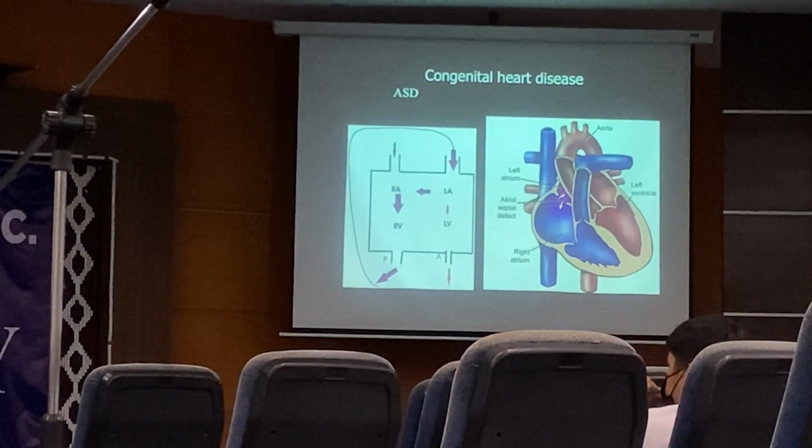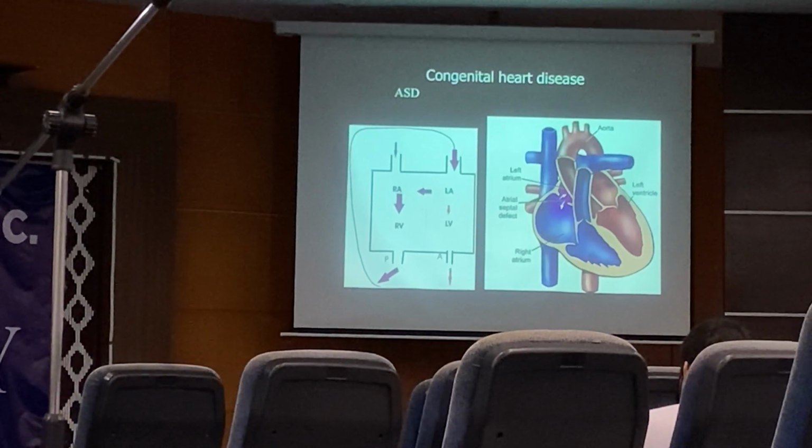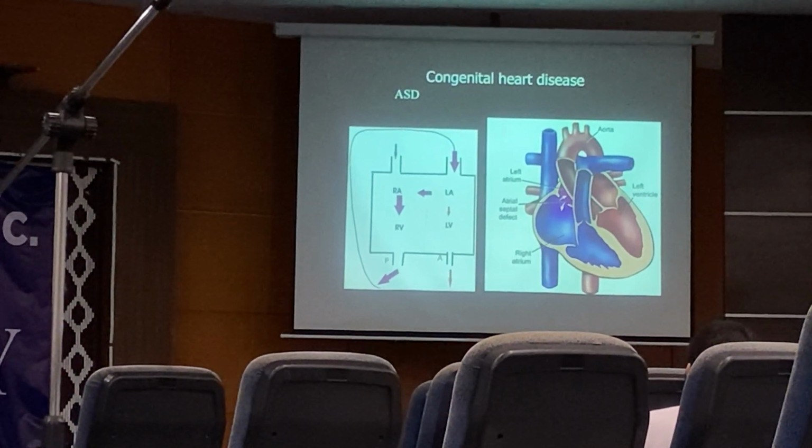So at first, with ASD, what you see, you have a right atrial enlargement, and then you develop right ventricular enlargement, and this patient develops pulmonary hypertension. And when you have Eisenmenger syndrome or disease already, when you have a pulmonary hypertension, then your left atrium will dilate as well. And it would cascade, it will have a domino effect.